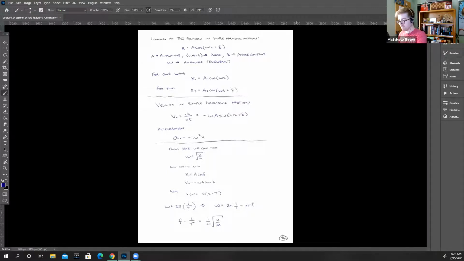Okay, so we have just a lot of new equations that we can use. I'm not going to go into a problem that just asks to calculate everything.